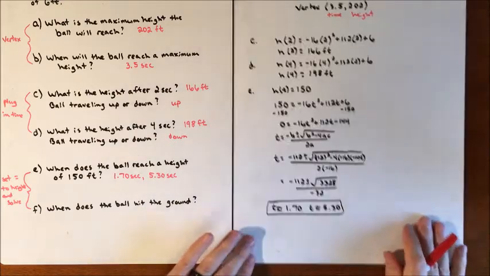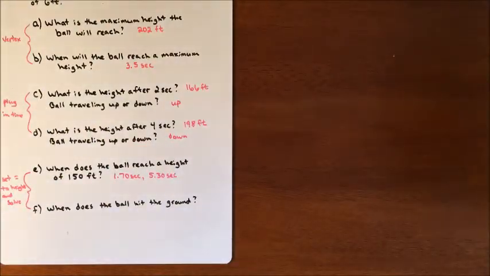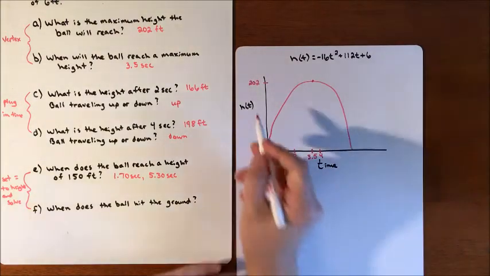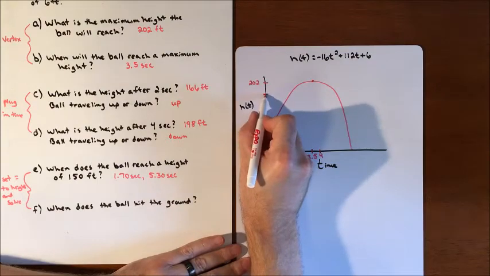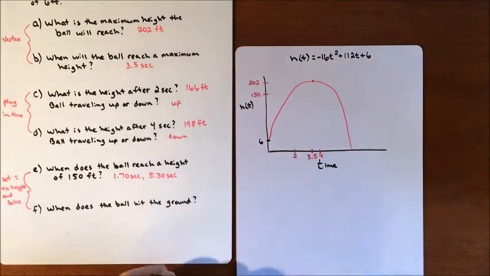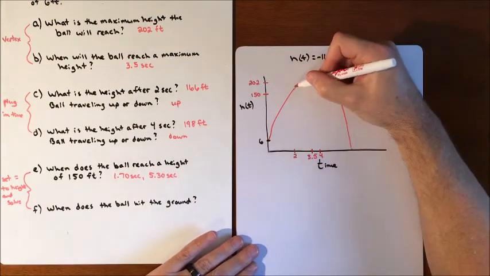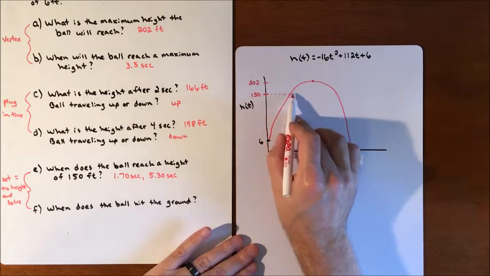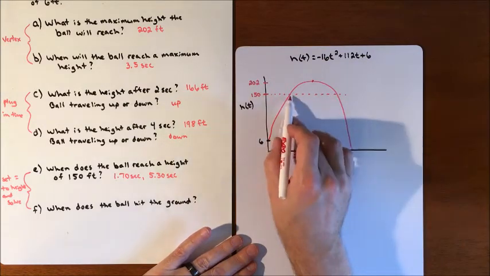Well, if we take a look at the graph, it will help us make some sense out of this. So our graph looks like this. So 202 is here, so maybe 150 is here. Okay, not to scale. But the ball is going to hit on the way up at a height of 150 and on the way down.